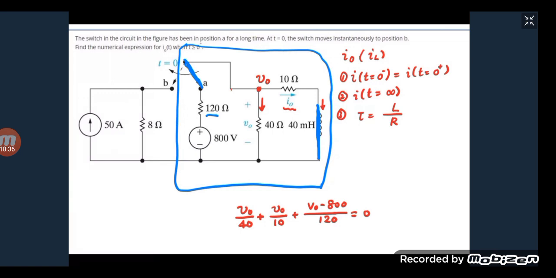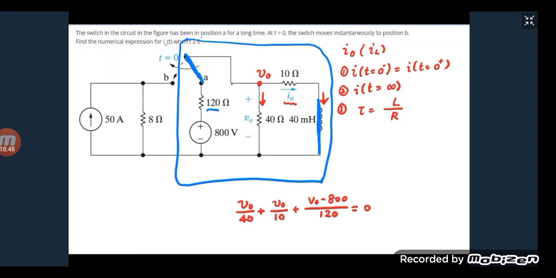Even though we would like to find I, here maybe it's much easier to use terminal voltage or node voltage VO as the direct variable.